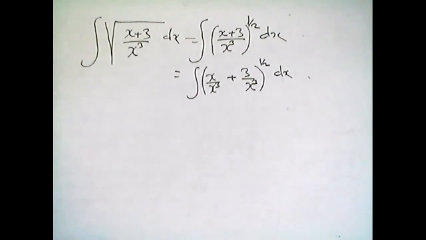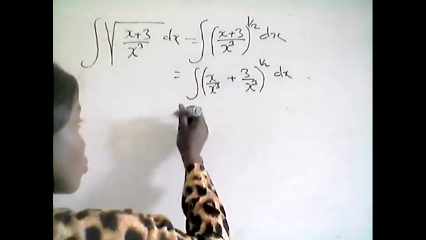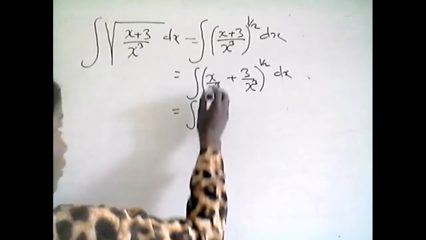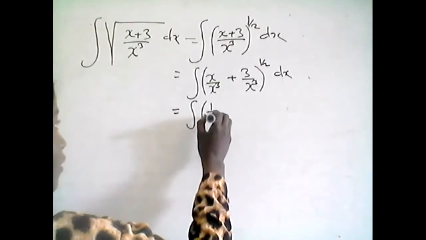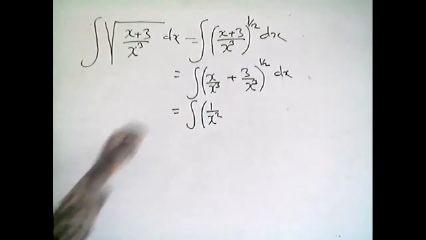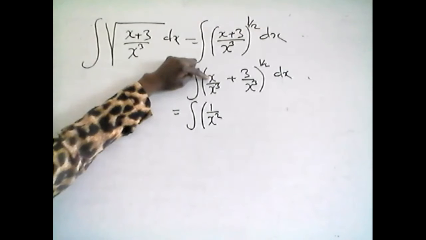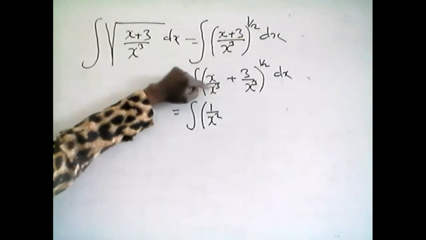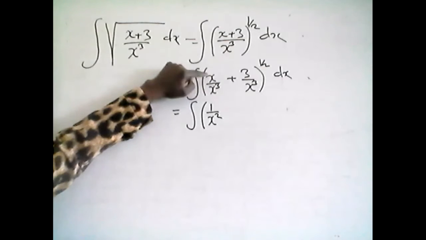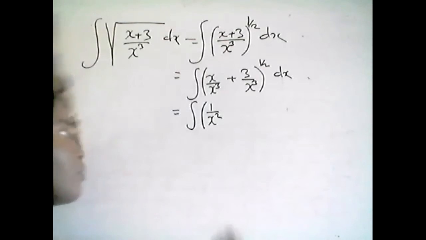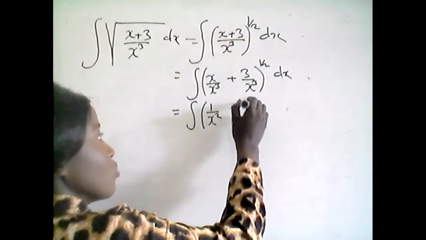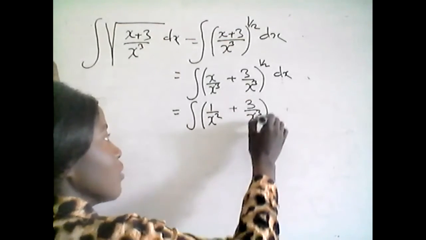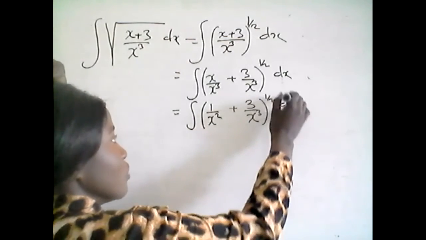So after we've done that, the next thing that we're going to do is simplify. This will give us 1 over x to the power 2. I'm sure you have seen it. Here we have x over x to the power 3, so this x will cancel with one of the x's here. So I'm going to remain with 1 over x to the power 2, plus 3 over x cubed, all to the power 1/2, dx.